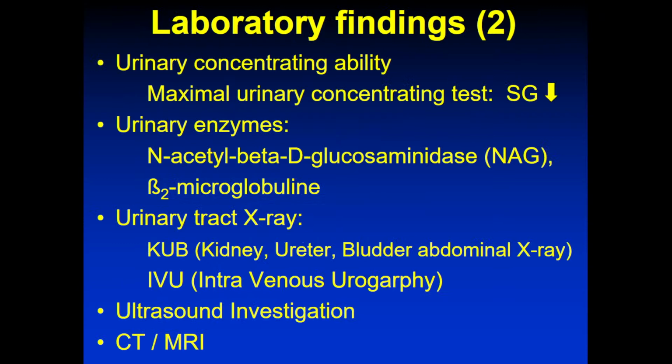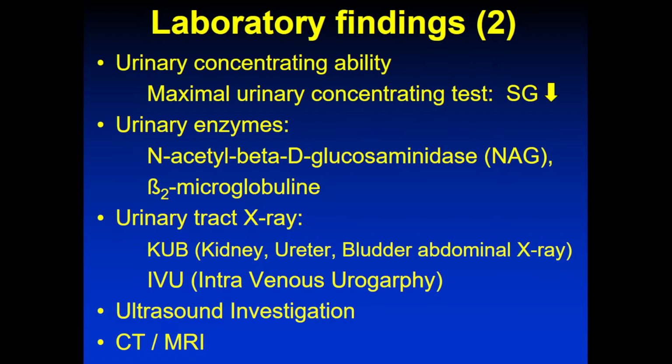Next, we have to evaluate the urinary concentrating ability. With the maximal urinary concentration test, we expect to see decreased specific gravity. Very valuable and useful analyses are the urinary enzymes like N-acetyl beta-D glucosaminidase, NAG, and beta-2 microglobulin.